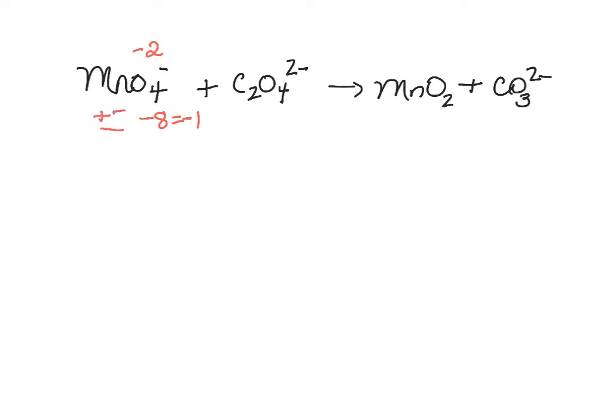Let's see, so manganese is +7 on the reactant side. And collectively the carbons have to be +6, which means each carbon is +3.